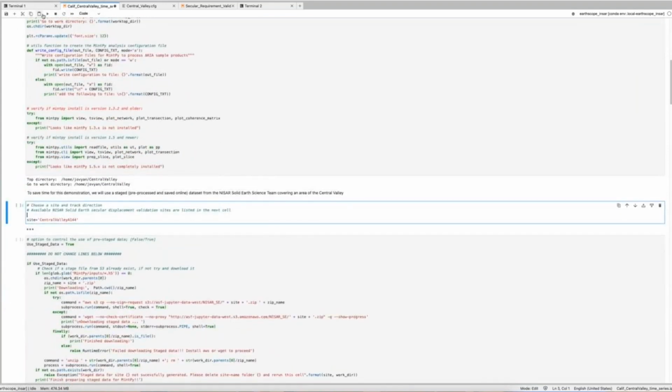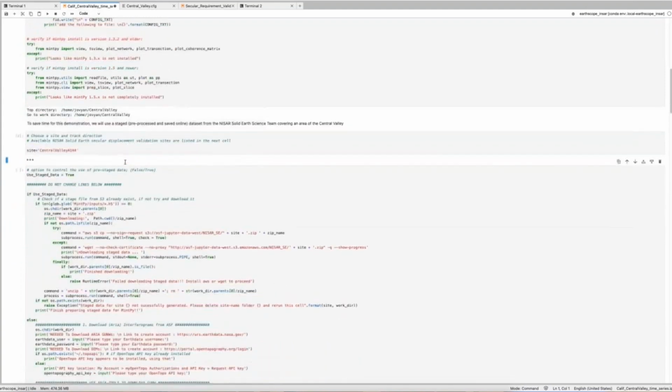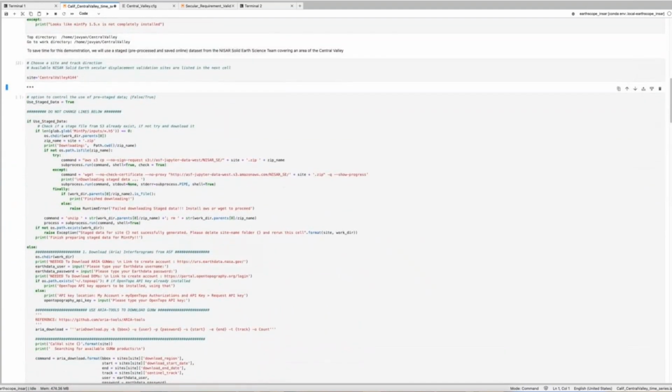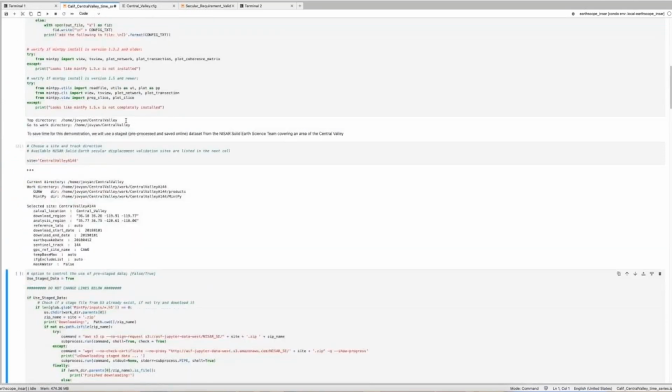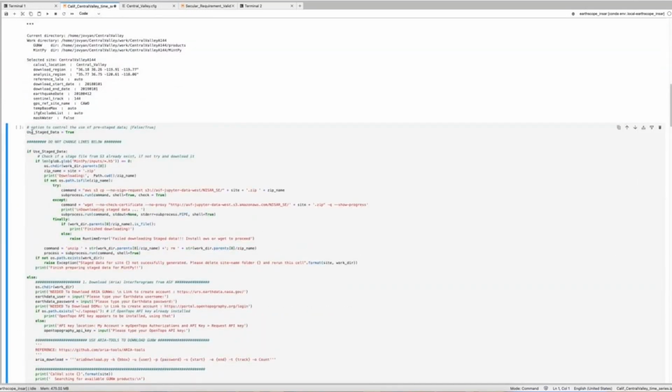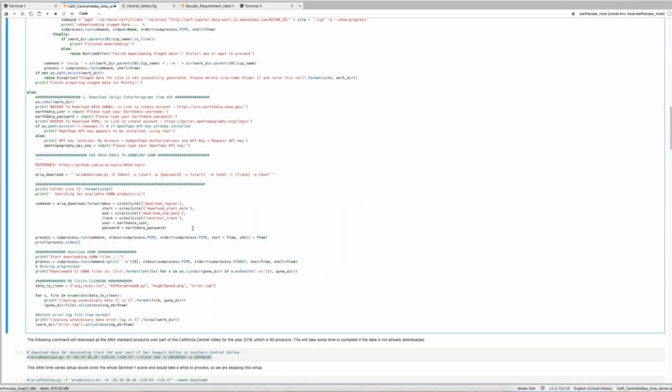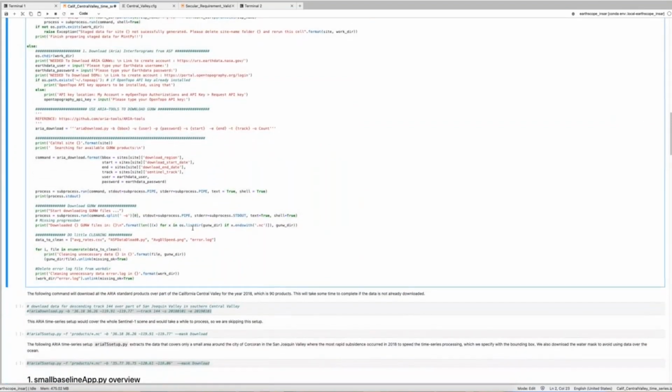The next one is we're going to be using a data set that we had previously processed for the Central Valley, track 144. And this next cell says we're going to use the staged data here. So it's already been pre-processed and we already ran the time series analysis.